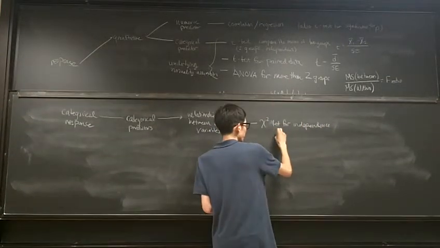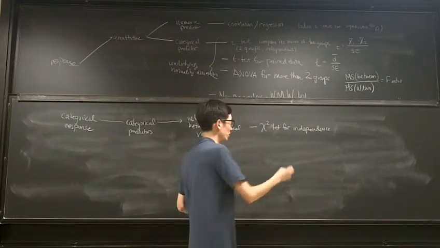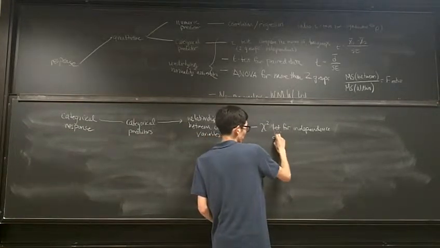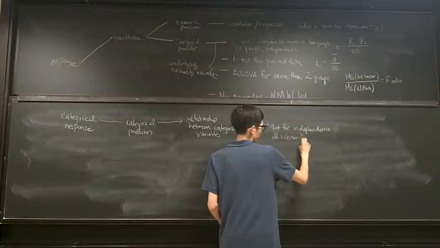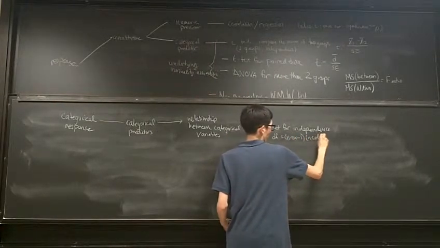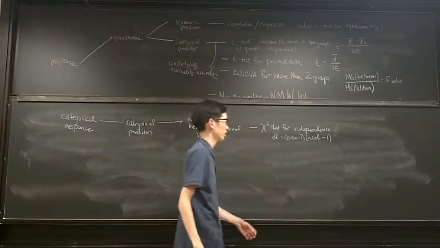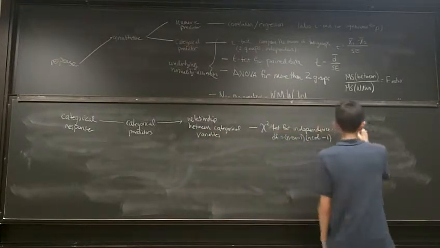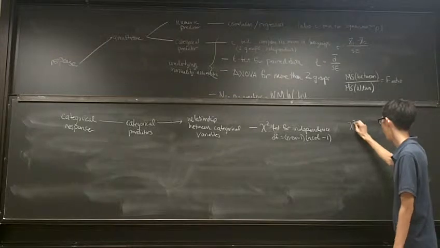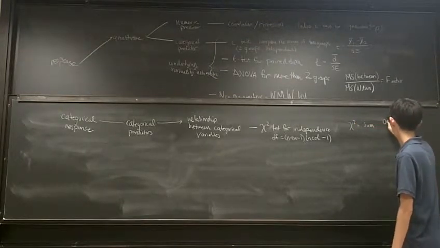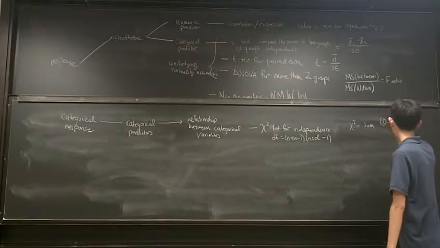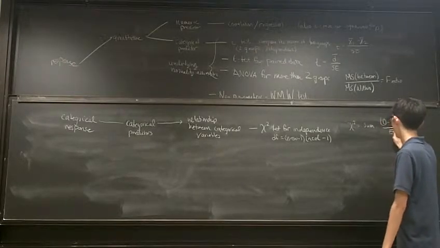Okay, and your degrees of freedom is the number of rows minus 1 times the number of columns minus 1, right? In all of these, the chi-squared statistic is equal to the sum of observed minus expected squared over expected.